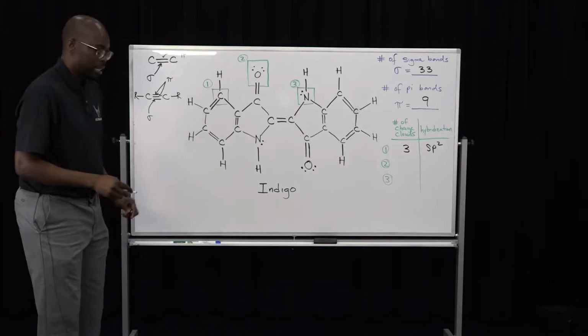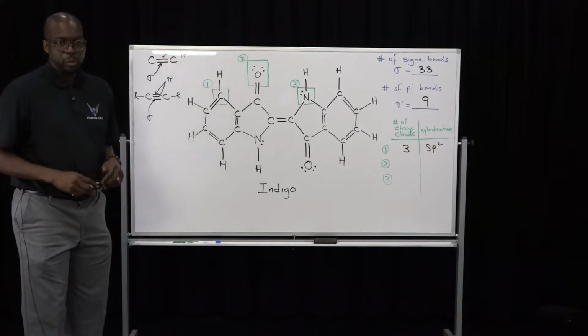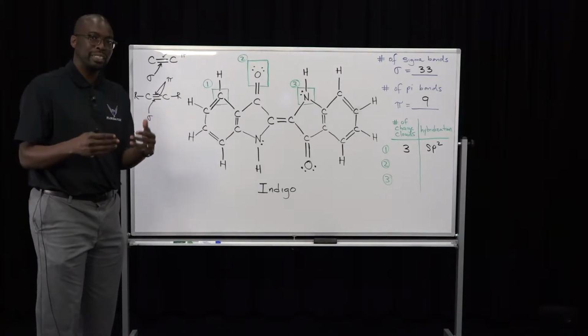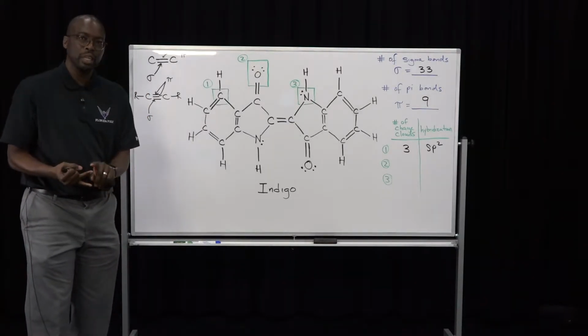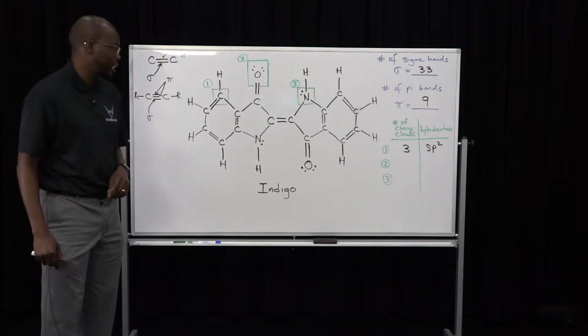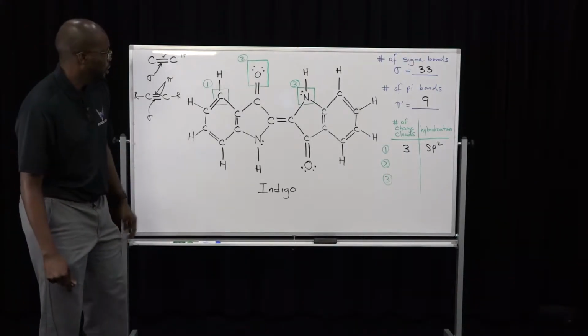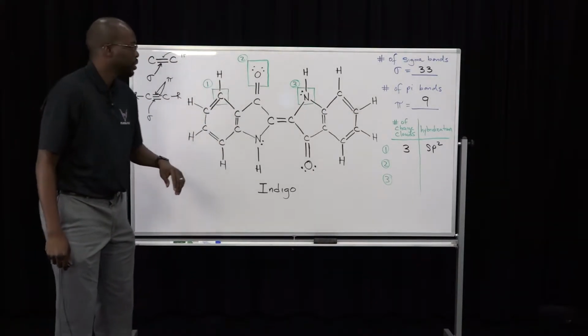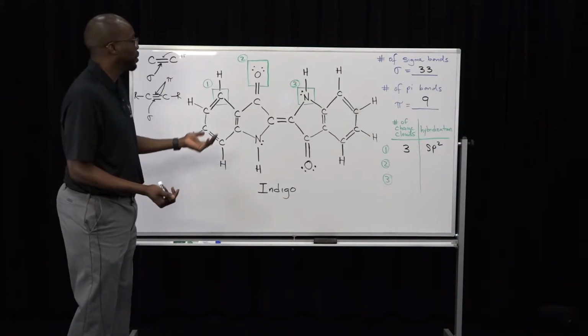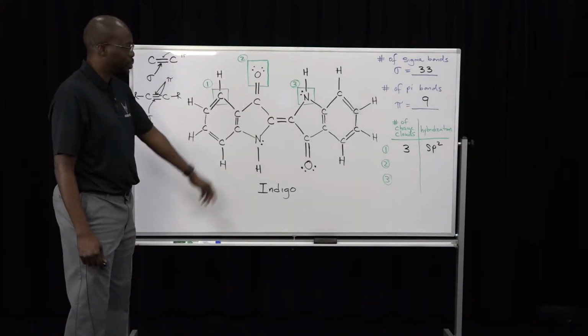Okay? Also remember, when we talk about charged clouds, we're also referring to what? Areas of electron density. So single bonds, double bonds, and triple bonds are all considered to be a part of one charged cloud. Okay? Number 2, this oxygen. Okay, you're probably thinking to yourself, oh, okay, well, why would he consider this to be a central atom?